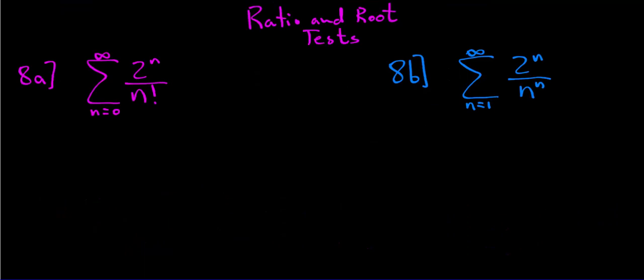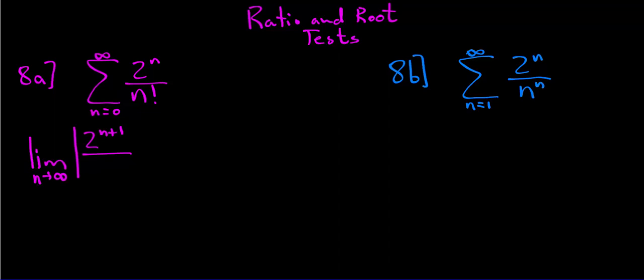Now let's look at the ratio and root test. First of all, the ratio test for this one. Whenever you see an exponential expression and a factorial together, I'm thinking I'm going to use the ratio test. So here we go. We've got the limit as n goes to infinity of 2 to the n plus 1 over n plus 1 factorial.